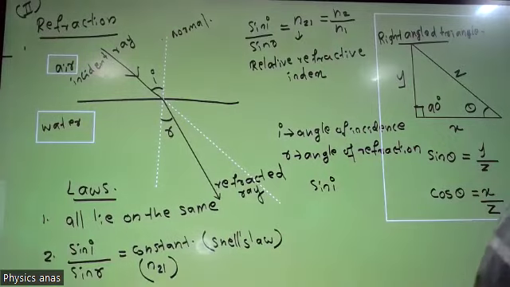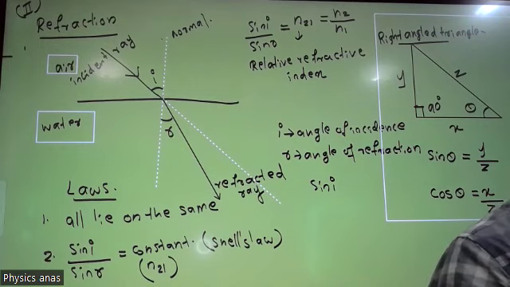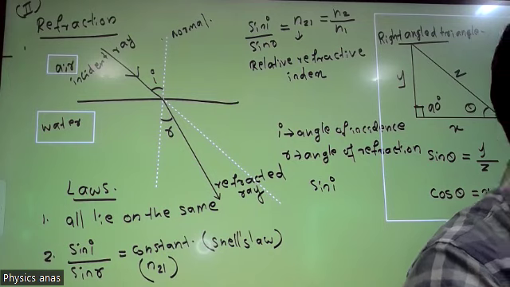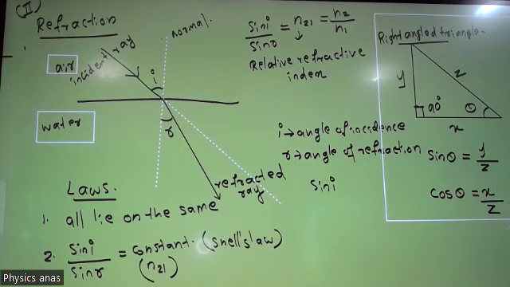What is a medium? The space through which the light travels. If it is traveling through air, air is a medium. Vacuum is not called a medium.